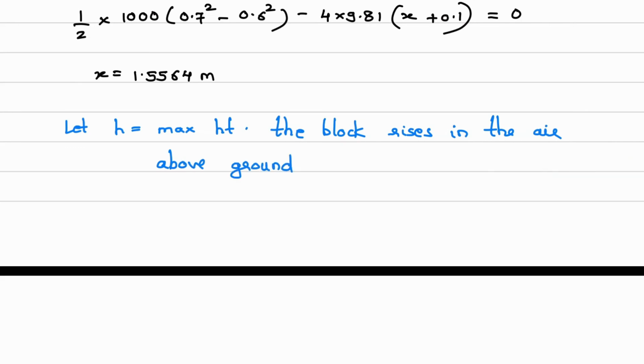This value will be equal to 0.3 plus 0.1 plus value which we calculated over here of x, 1.5564. So finally we can calculate answer of h. H is equal to 1.956 meter. This is the final answer. So we have completed with numerical 3.